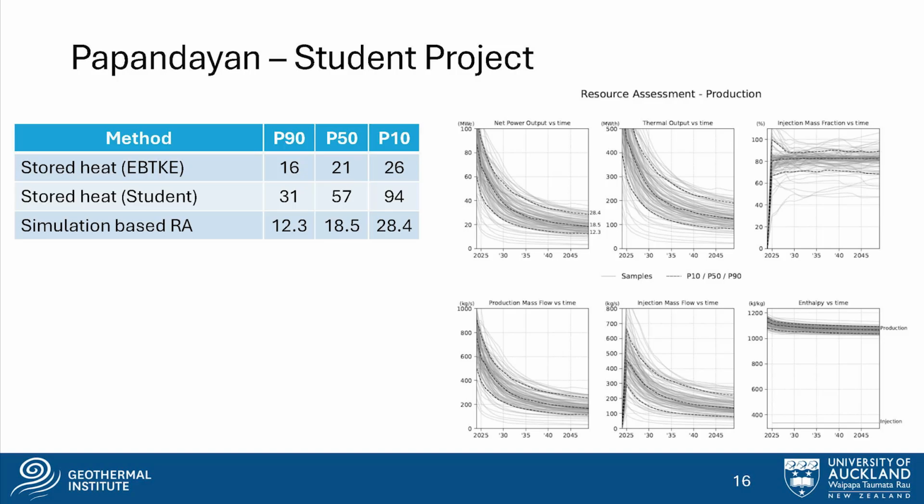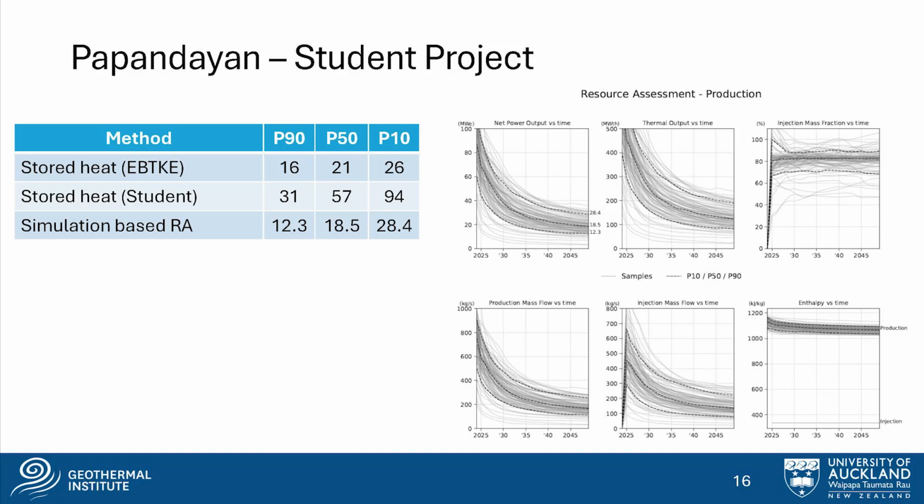And just before I move on from that and finish, one of the things with the wellbore modelling we found was that in this case the stored heat gave pretty similar estimates to the simulation-based resource assessment. But in one of the other projects we did, the results were very different. That was because the system we looked at was actually under-pressured because of a very deep water table.